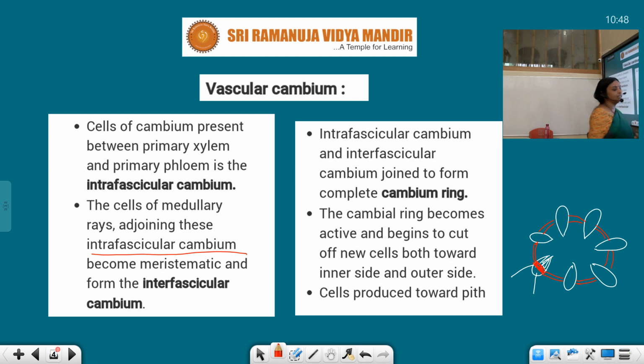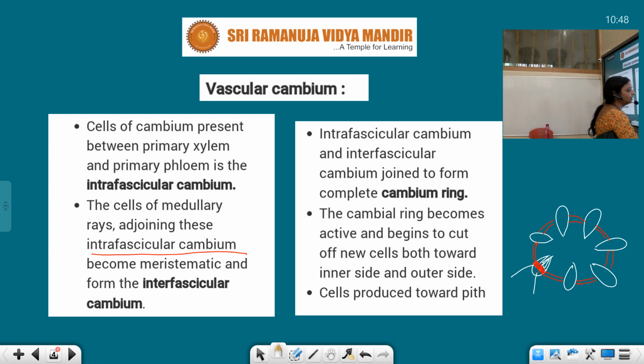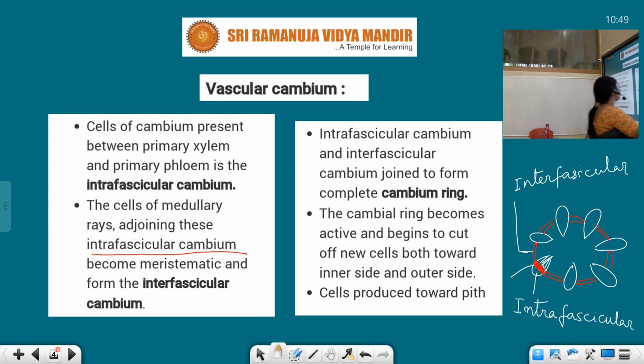The cambium which is present in the bundle in between xylem and phloem is called intrafascicular cambium. And the cambium formed by the intrafascicular cambium in between two bundles is called interfascicular cambium.